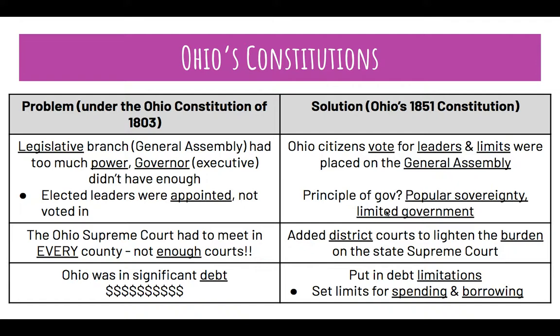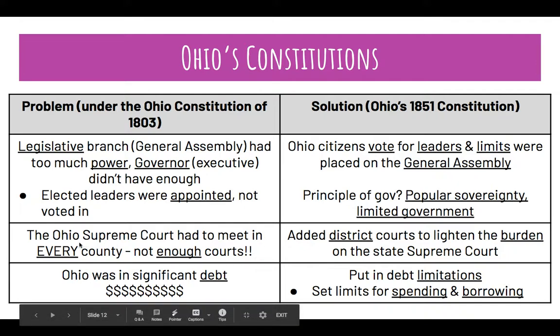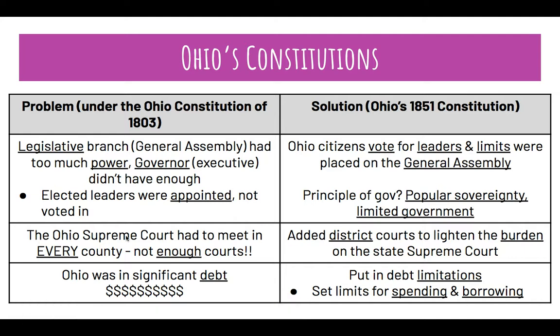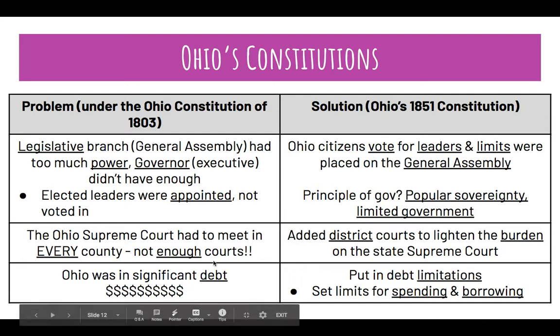The second problem under the first Ohio Constitution was that the Ohio Supreme Court had to meet in every county. So there wasn't a way for them to break down the work. If there was an issue in every county, they had to travel to every county. And I know Ohio has changed over time, but there are like 80 counties. So there were not enough courts.